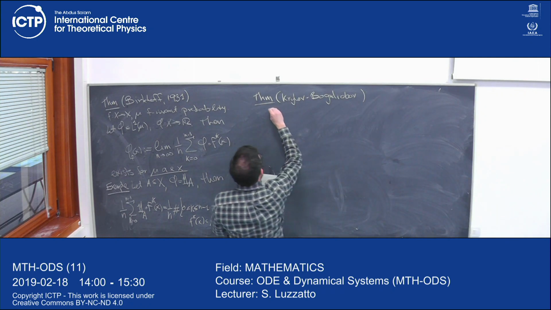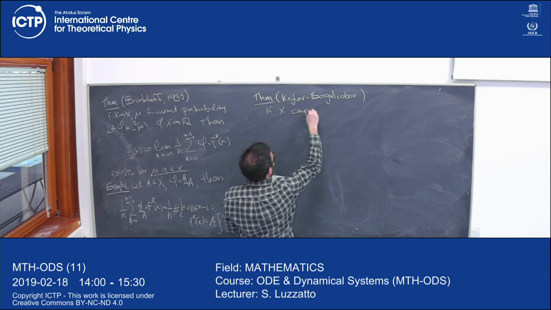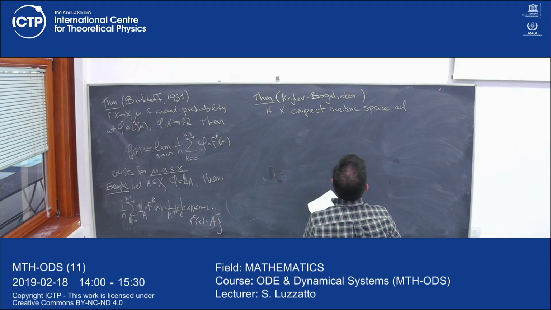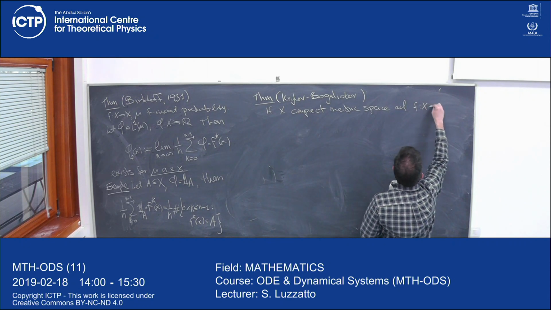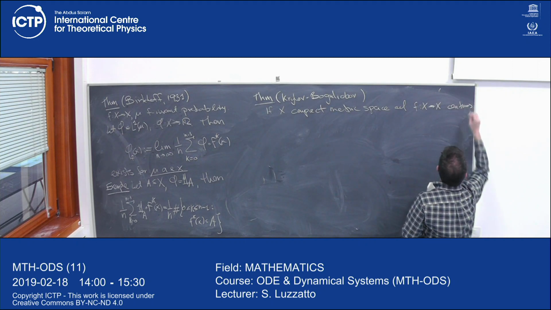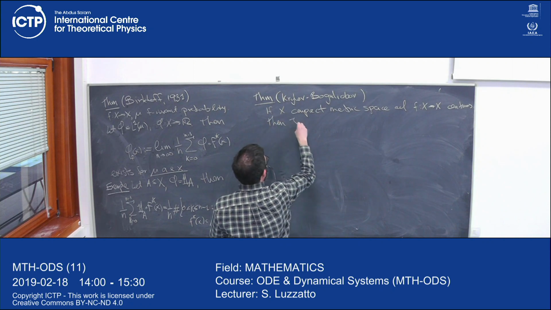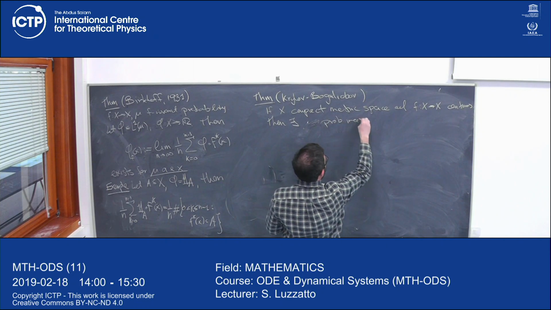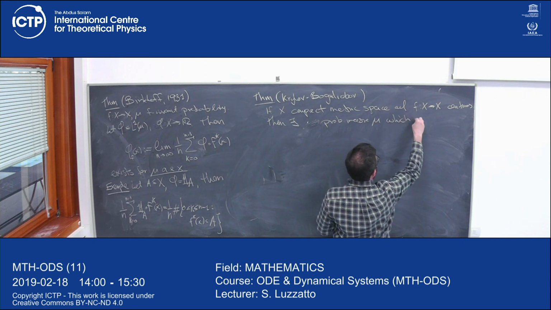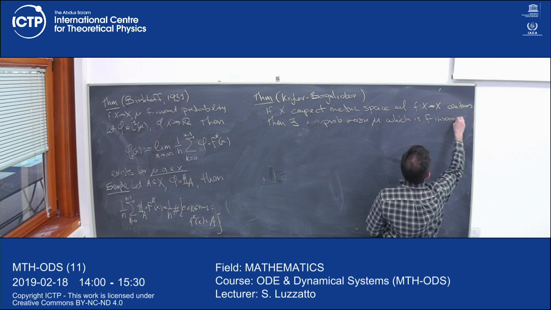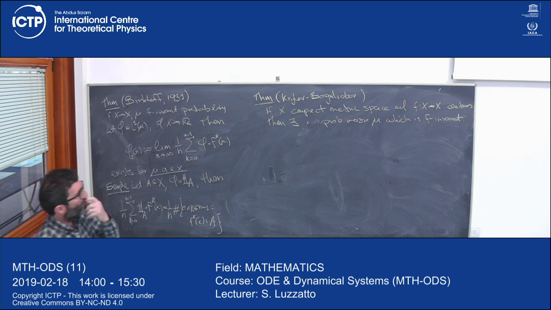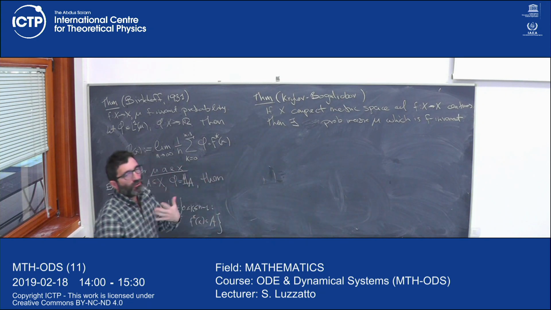If X is a compact metric space, and F: X to X is continuous, then there exists a probability measure mu which is F invariant. We prove this because it introduces also some interesting techniques.